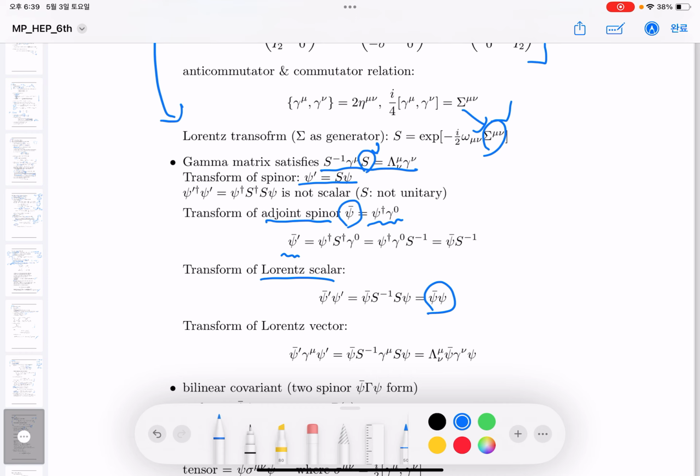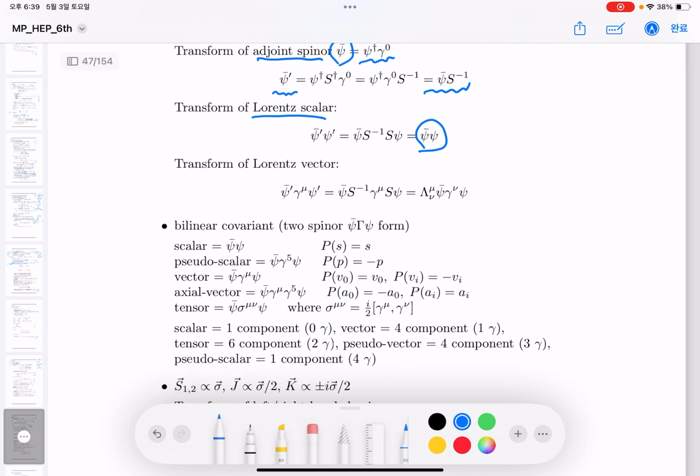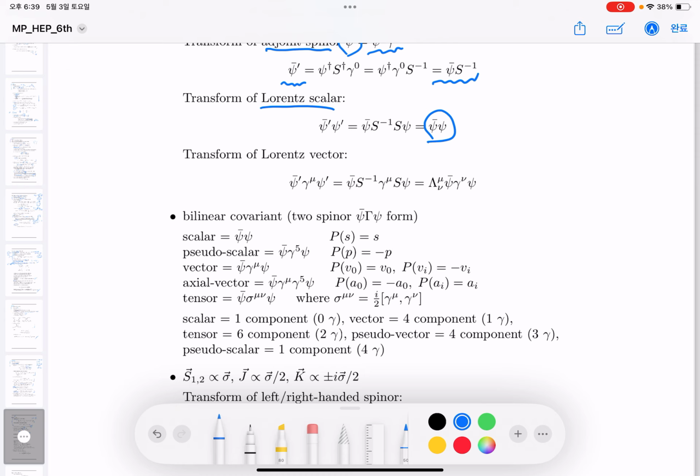Because the adjoint spinor transforms like that. And also we can define the transformation of the Lorentz vector psi bar gamma mu psi here.